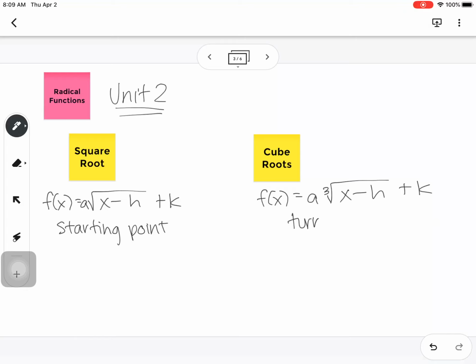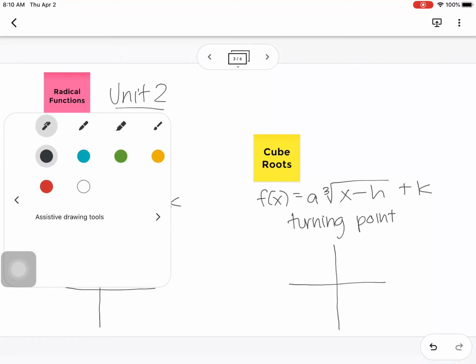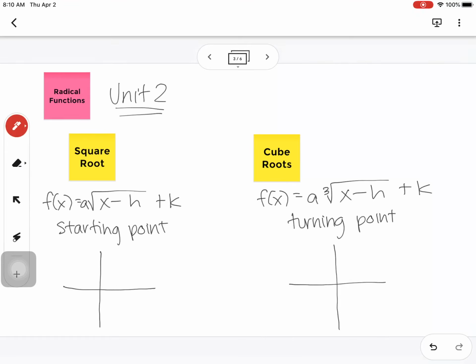And in your cube roots, you had a turning point really instead in the middle of your graph, but it did go both ways because you can cube root positives and negatives. Just to give you an example, again, of each of them, your square root functions started somewhere and then went forever to the right for everything we did. Maybe this one.